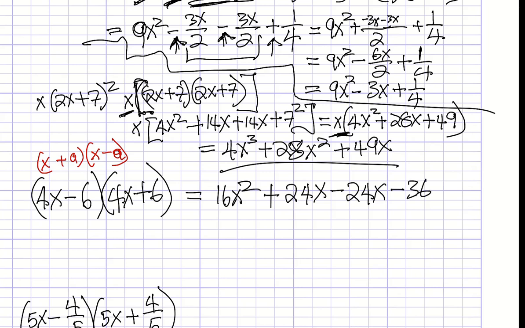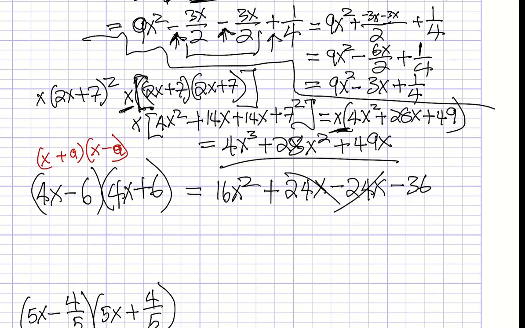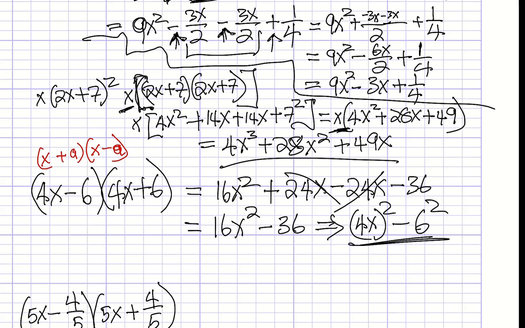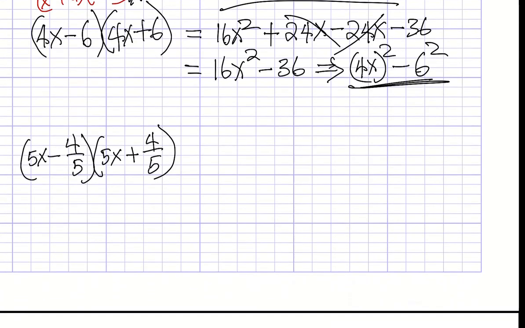You see that, right? So these cancel, then you get 16x squared minus 36. Notice that if you want, you can write it like 4x squared minus 6 squared. Remember this here? You can write it like that if you want to, but I'm done with that. So we'll move on to the next one.